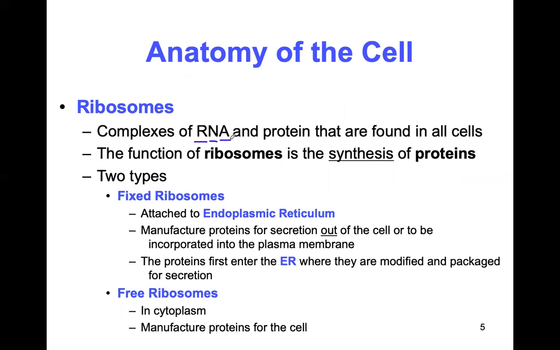So ribosomes are these complexes of RNA, ribose nucleic acid, and protein that are found in all cells. Now, the function of ribosomes is the synthesis of protein. That's really important. What does synthesis mean? It means you're making or manufacturing protein. That's all it is. Ribosomes are responsible for making protein.